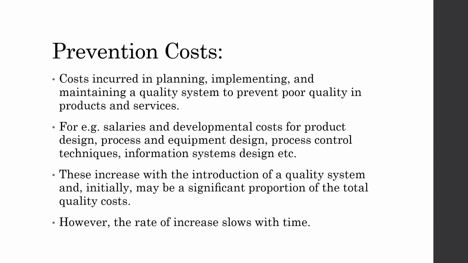However, the rate of increase slows with time. Even though prevention costs increase, they are more than justified by the reductions in total quality costs due to the reductions in internal and external failure costs. Now, the last 2 points discussed may seem a little muddy right now, but I'm sure as the discussion moves forward, they will be clear to you.